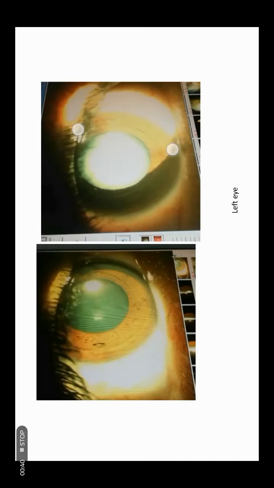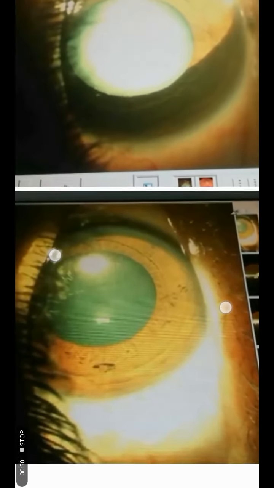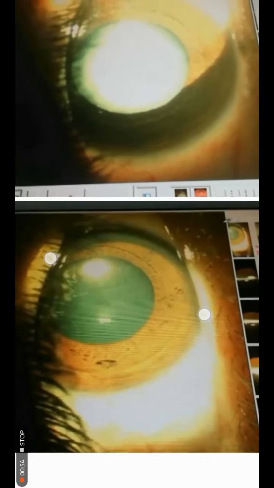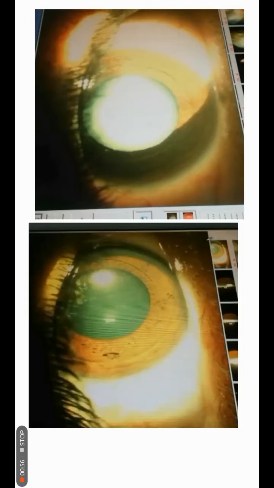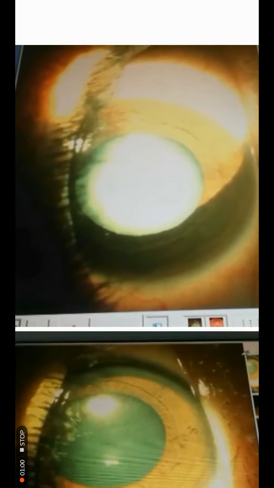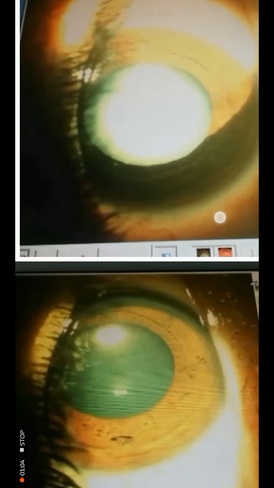As you can see, this is the left eye and this is the right eye. The right eye is not having any sort of anomaly, cataract or hypochromic iris, whereas in this left eye we can literally differentiate it because they are placed side by side.